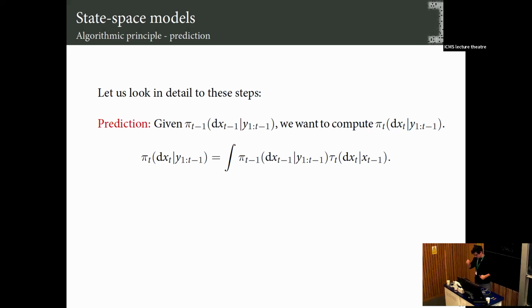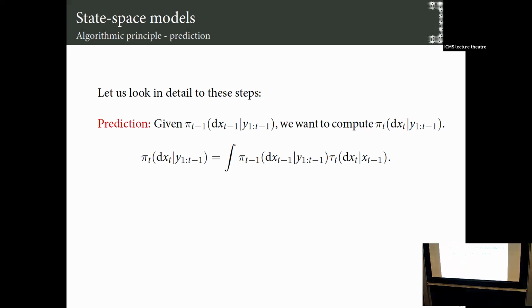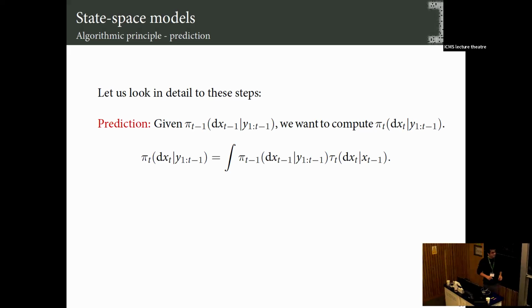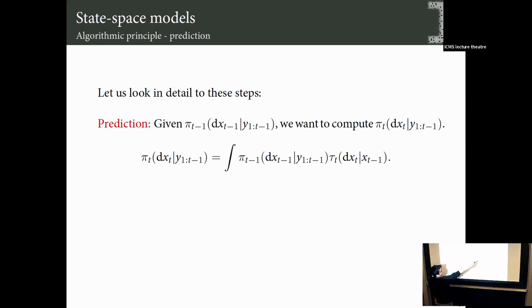This depends on the model. The formula, which was very compact on the previous slide, is explicitly written this way. You take your previous posterior distribution and integrate out x_{t-1} in order to get the marginal of x_t given y_{1:t-1}. This is the prediction step.